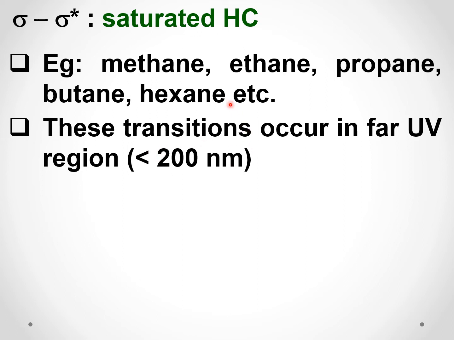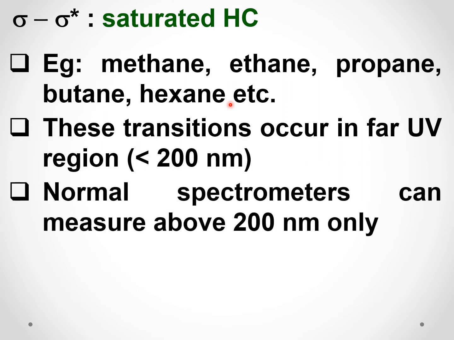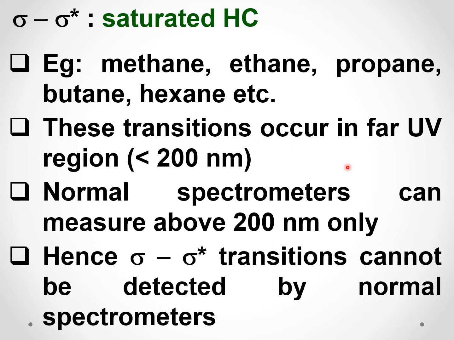But the issue is that normal spectrometers can measure only 200 and above, so we cannot detect these transitions by normal instruments.